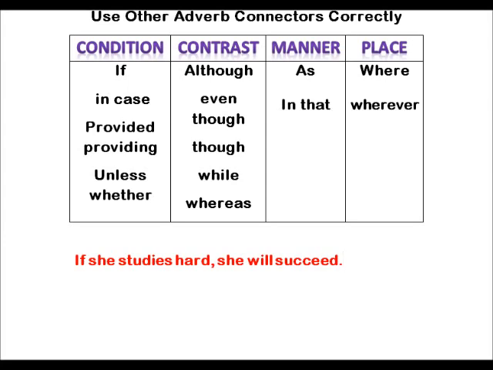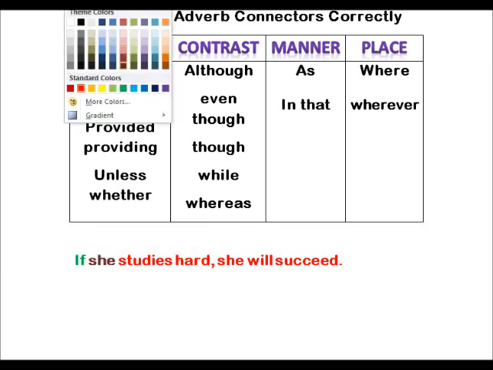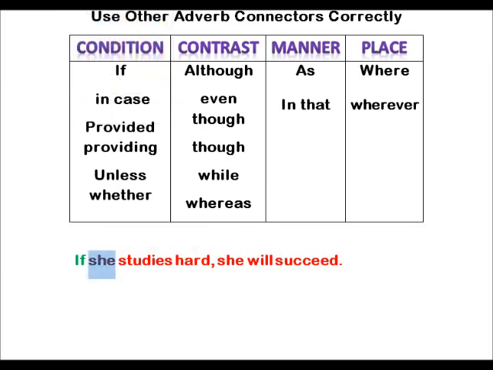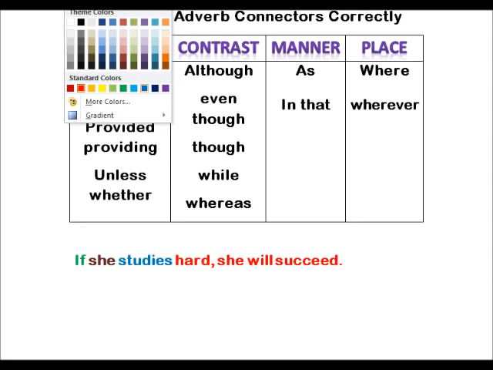Now where is the connector here? We've got a condition connector, which is if. That's a condition connector. Now after this condition connector we have she, and she is a subject, and then we have studies, and studies is a verb.